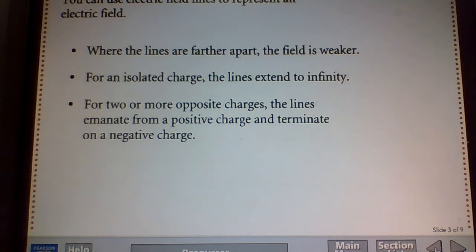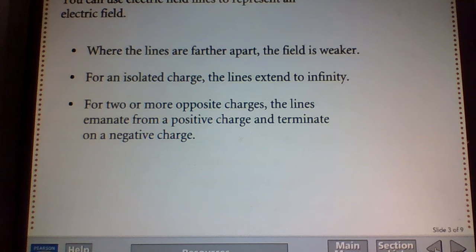Basically, for different situations, we'd want to show different things. Where the lines are farther apart, again, it's weaker. If we have an isolated charge, the lines extend to infinity, just like the planet Zoltan is affecting you with its gravity. It's very, very minimal because Zoltan is so far away.